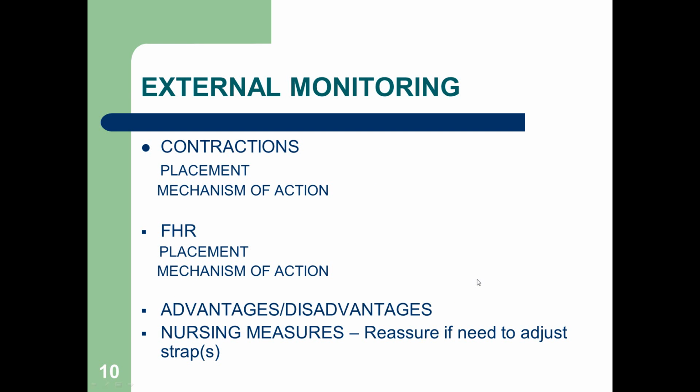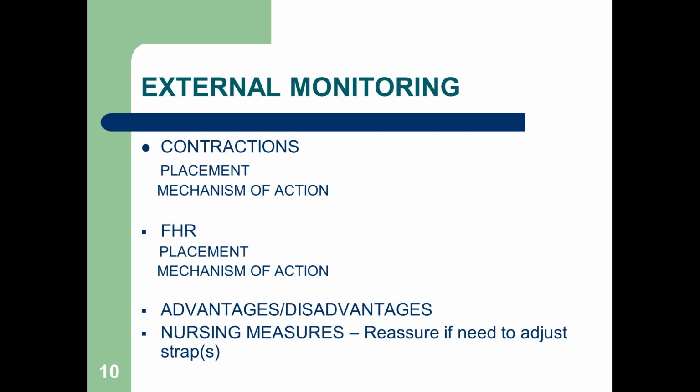You have an external monitor that monitors your contractions, and it monitors fetal heart rate. There are advantages and disadvantages. Certainly the advantage is that it doesn't depend on dilation or descent, so you can put the monitor on them with ease.